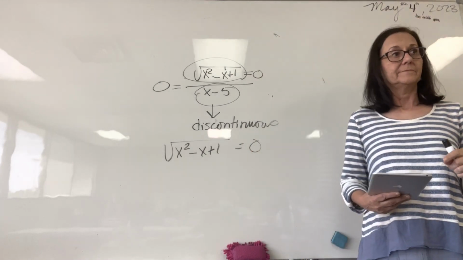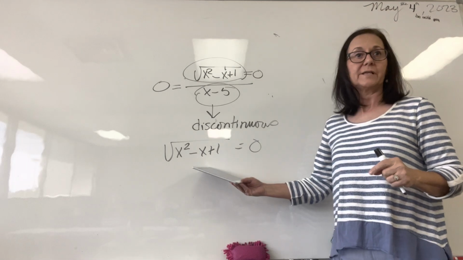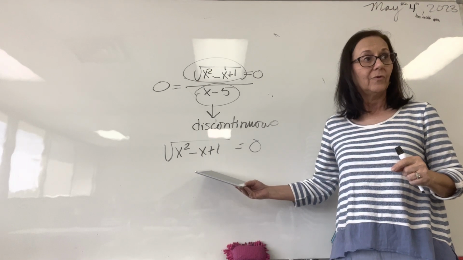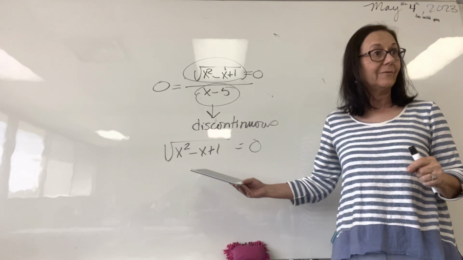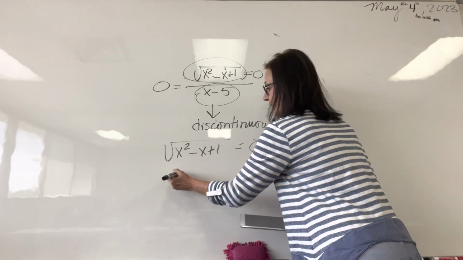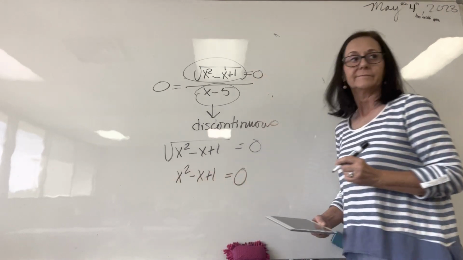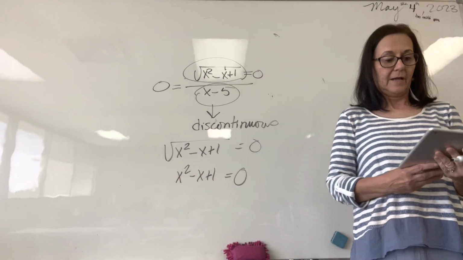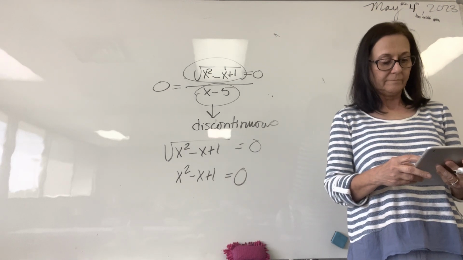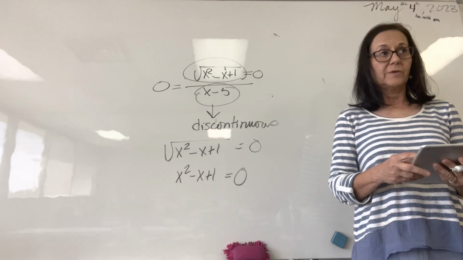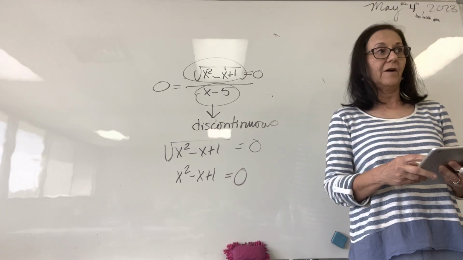Okay, y'all look. When will this equal 0? When what's under the radical would equal 0. Because when the denominator is 0, it's undefined, right?